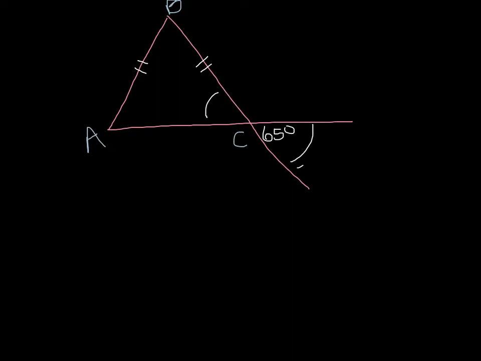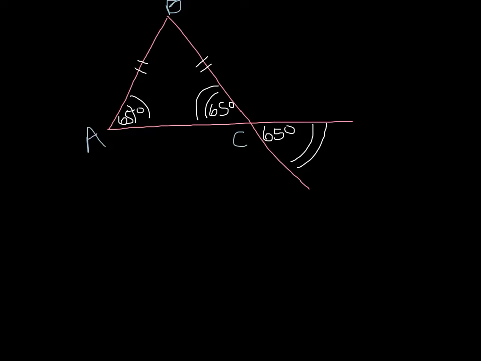So if this side is 65 degrees, then inside is 65 degrees also. And then in the problem, it says it's an isosceles triangle, so I have the 2 congruent sides, AB and BC, which means that the 2 base angles are also congruent. So this is also 65 degrees.